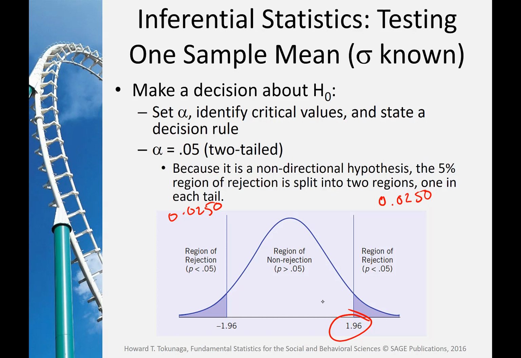Magical number. Never forget that number as long as I live. Because if you look it up on the normal distribution table and you go to 1.96, it is exactly 2.5%. And because we have two tails, that's our 5%.